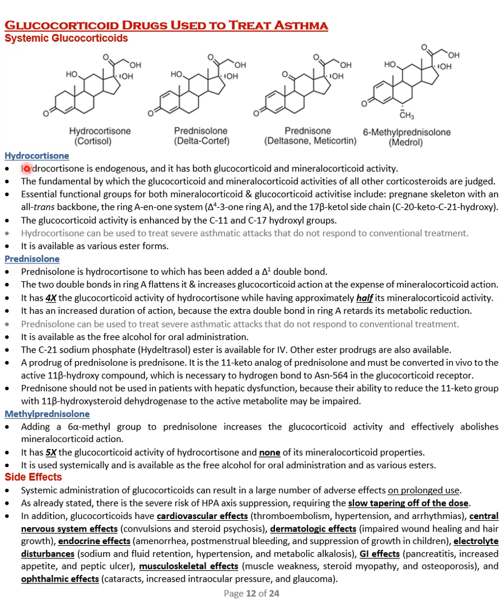The first example is hydrocortisone, which is an endogenous molecule. It's synthesized in our body, and it has both glucocorticoid and mineralocorticoid activity. And it is used as a reference by which we compare the rest of the other structures.